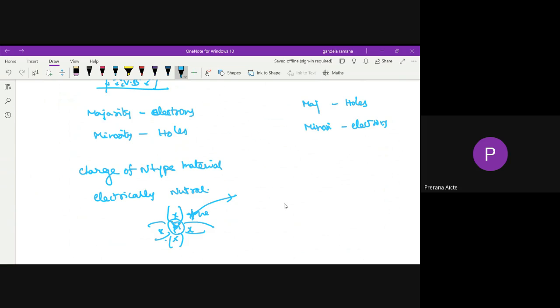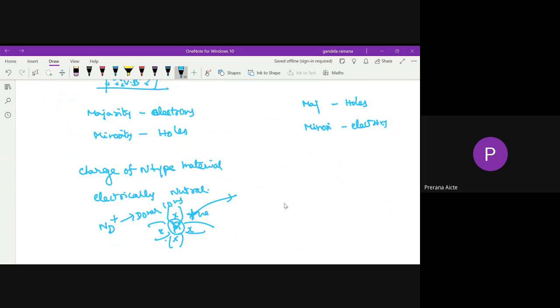So all of these become positive ions. Ions are immobile. These charge carriers are called Nd plus donor ions. In the same way, here also the charge of p-type is electrically neutral.